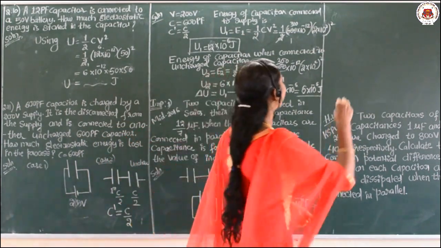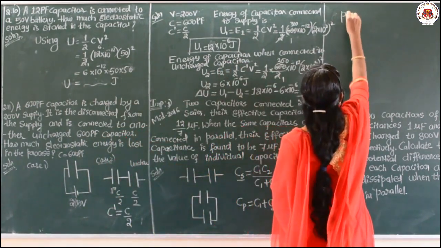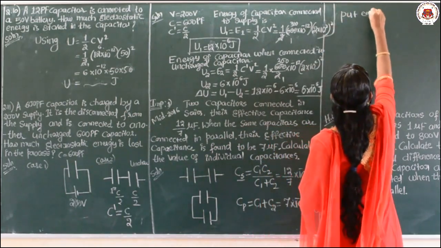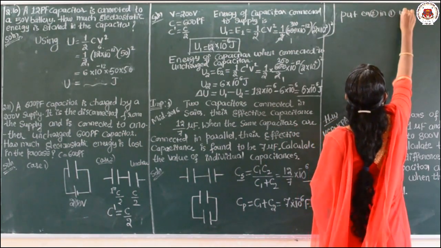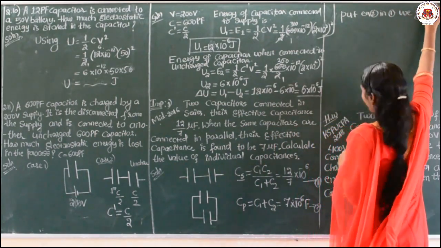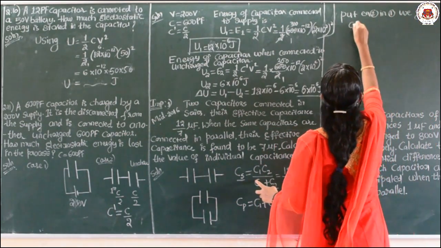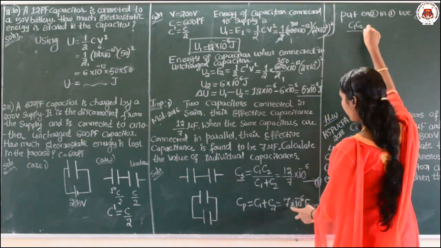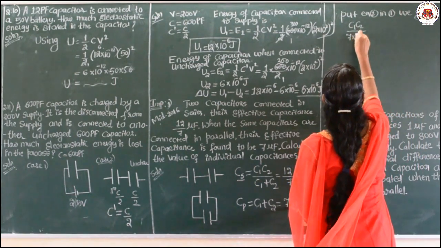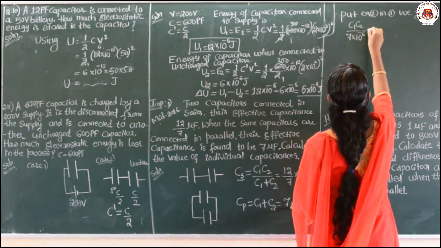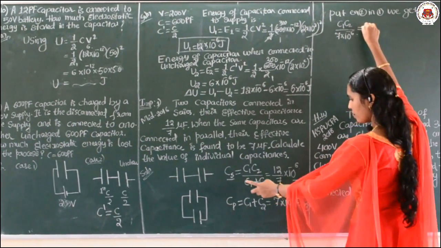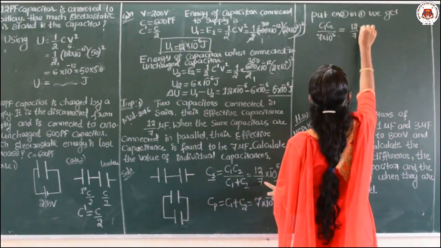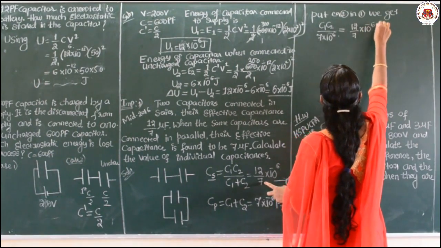Putting equation 2 in 1, we get C1 into C2 upon C1 plus C2. What is C1 plus C2 here? It is 7 microfarad. Then this is equal to 12 by 7 into 10 raised to minus 6.